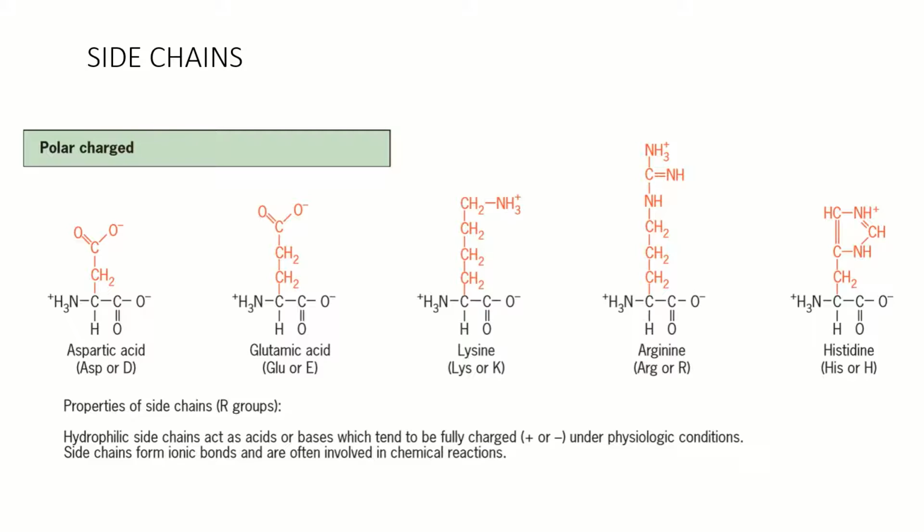So there are side chains that are polar in nature, as shown here in red. So the polar nature of the side chains of these amino acids gives these amino acids their characteristics. So these are water-loving amino acids, plus their polar side chains are charged. So there's an ionic charge going on with these side chains.